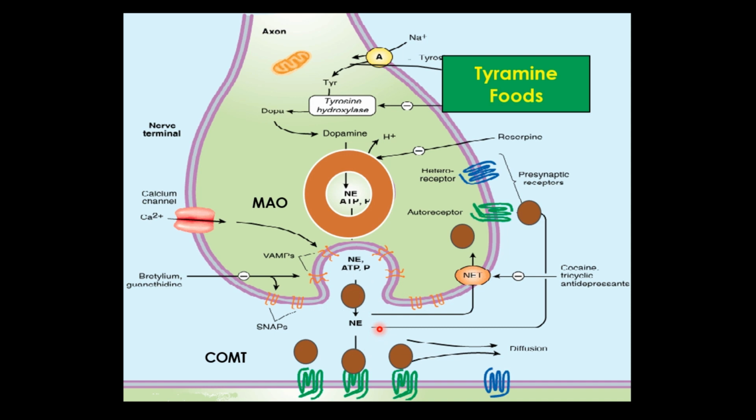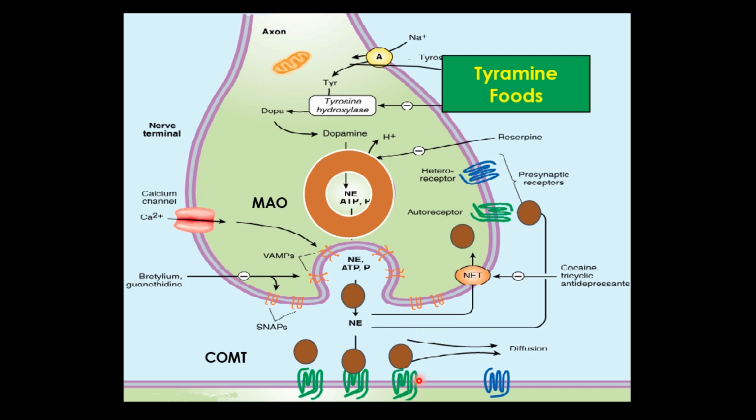And when the neurotransmitter remains longer in the synaptic cleft, the receptor activity will be prolonged and it produces an enhanced effect. So we call them the indirectly acting sympathomimetic drugs. And this is the scientific basis of classifying these drugs into two groups, the directly acting and indirectly acting drugs.